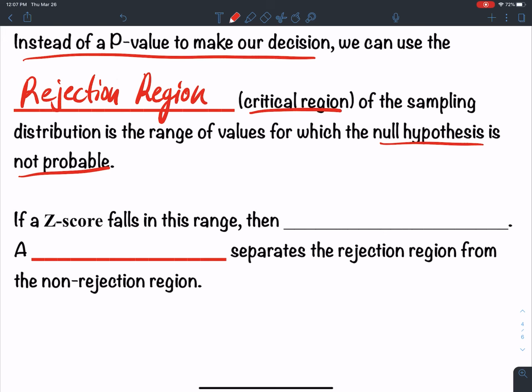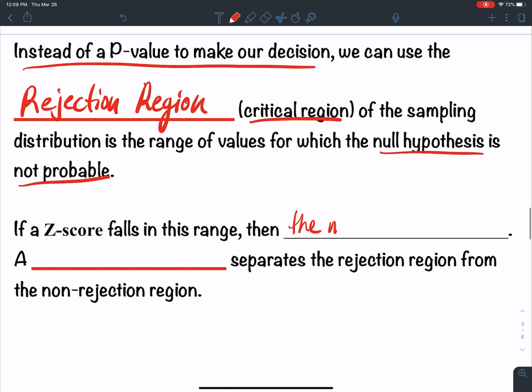So if a z-score, a standardized test statistic, falls into this range, then the null hypothesis, H-naught, is rejected.